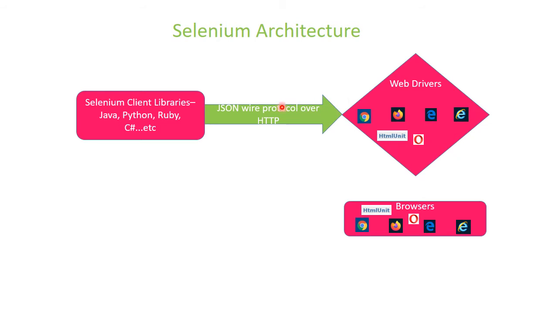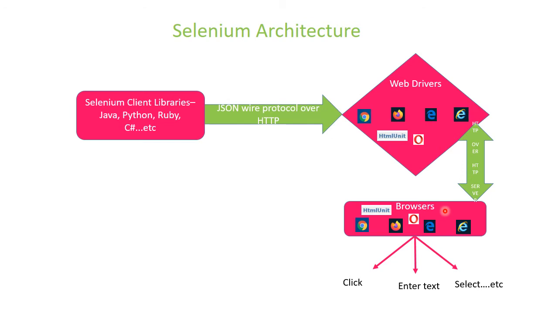This is the communication mode between the Selenium libraries and the web drivers, and in turn the web drivers talk to the actual browsers over an HTTP server. We have respective web drivers for the browsers: Chrome driver, Firefox driver, Opera driver, respectively for Chrome, Firefox, Opera, and the HTML unit browsers.